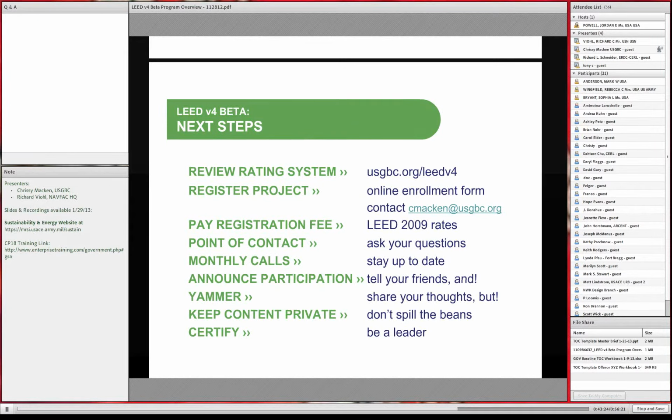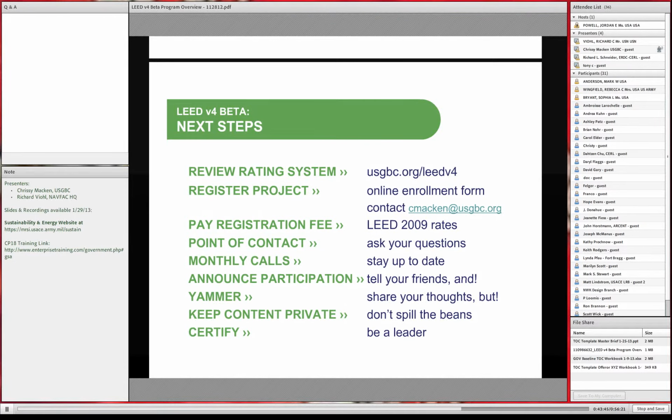And of course, for those of you who are participating, we want you all announcing that and marketing yourselves, but project teams are made privy to information, things like the drafts of the reference guide and the drafts of the forms, but we want that content kept private and among our beta projects.